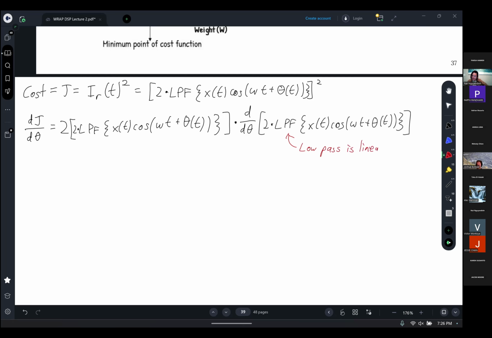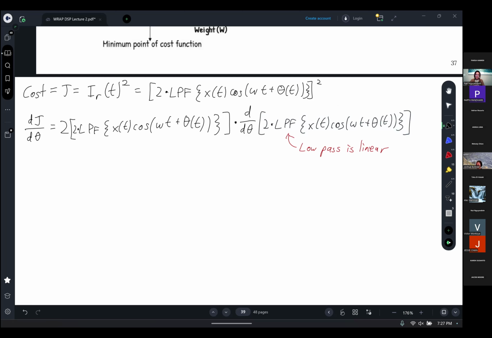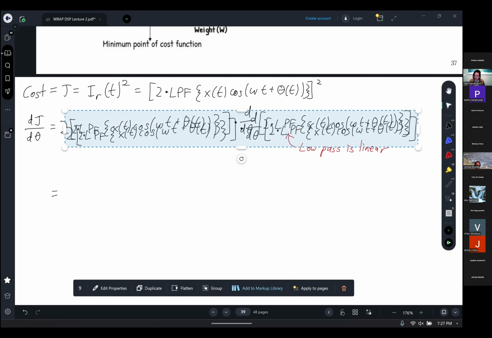That makes our job a lot easier, because we don't need to worry about finding the derivative of that. The same way we can take this 2 on the outside and move it, we can also take the low pass filter on the outside. So this is going to equal, and I don't want to draw this out again, so I'm just going to copy this.